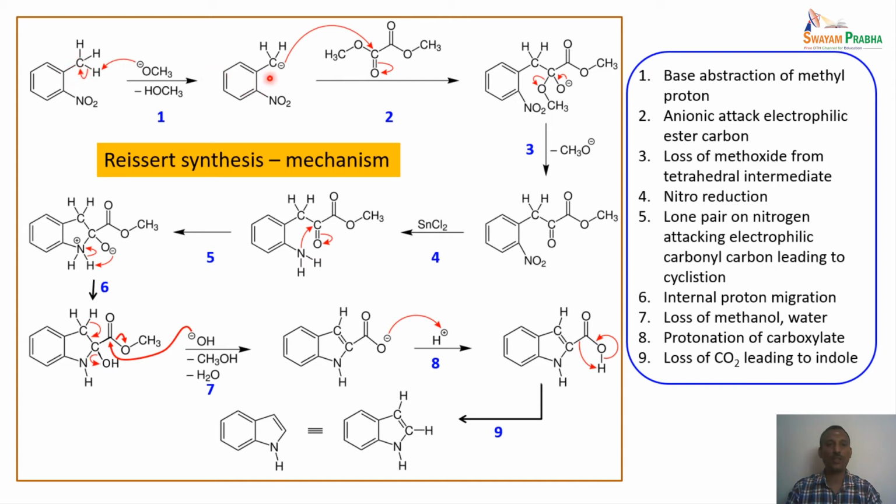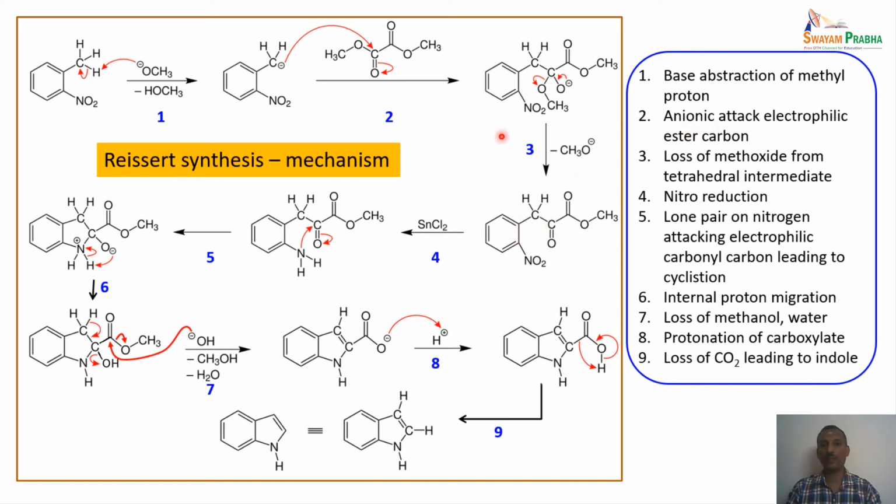Now this carbanion attacks the ester unit. The carbonyl carbon of this ester unit is being attacked. So this leads to this particular tetrahedral intermediate, and during the charge reversal step, the methoxide unit is lost, which gives the condensed product.